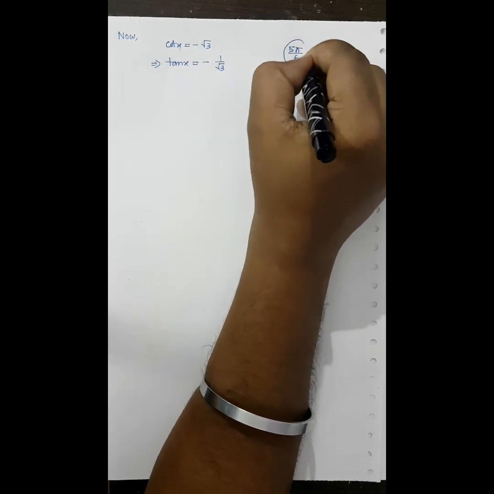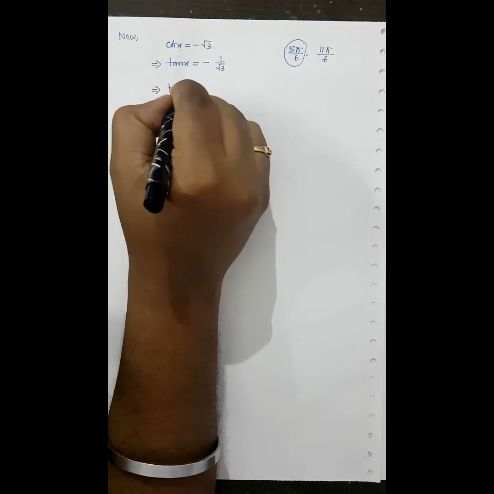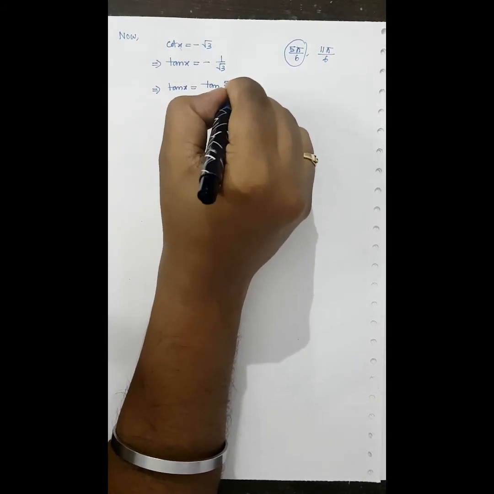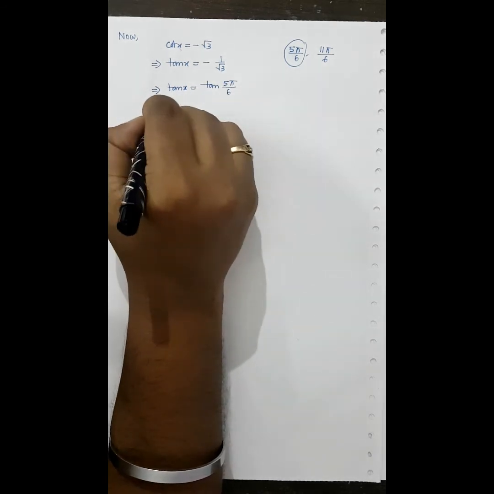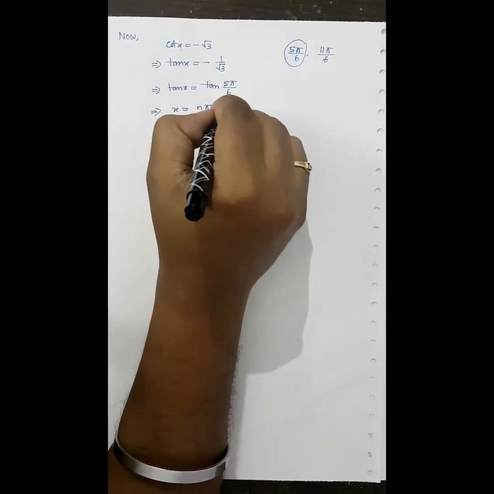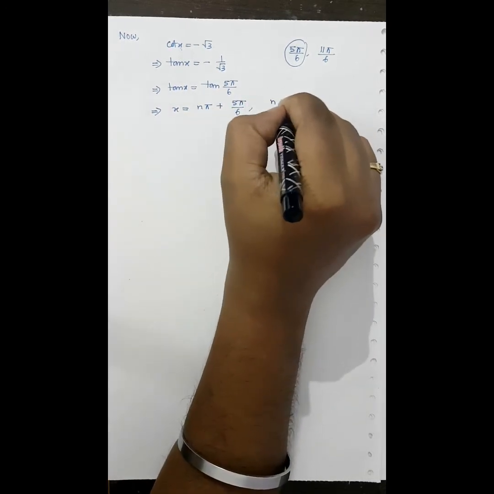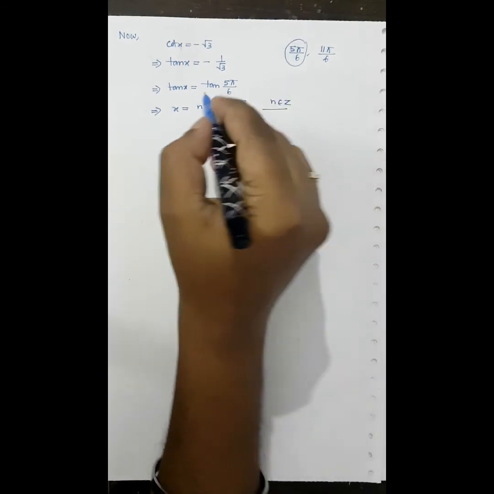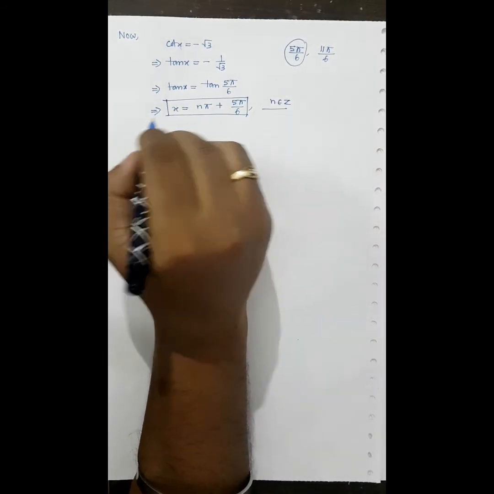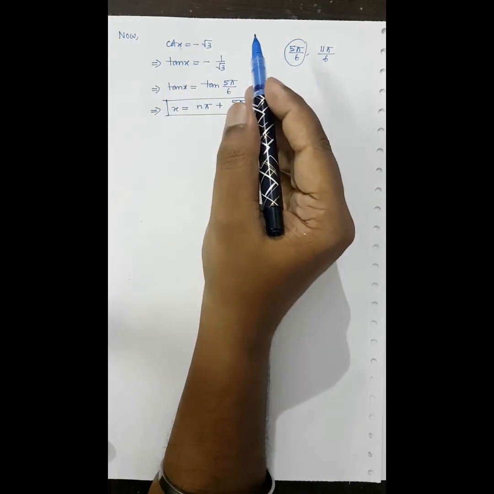The smallest one is 5 pi by 6, so you can write tan x is equal to tan of 5 pi by 6. Now use the formula: x equal to n pi plus y, which is 5 pi by 6, where n belongs to Z. These are the general solutions for this trigonometric equation cot x equal to minus root 3.